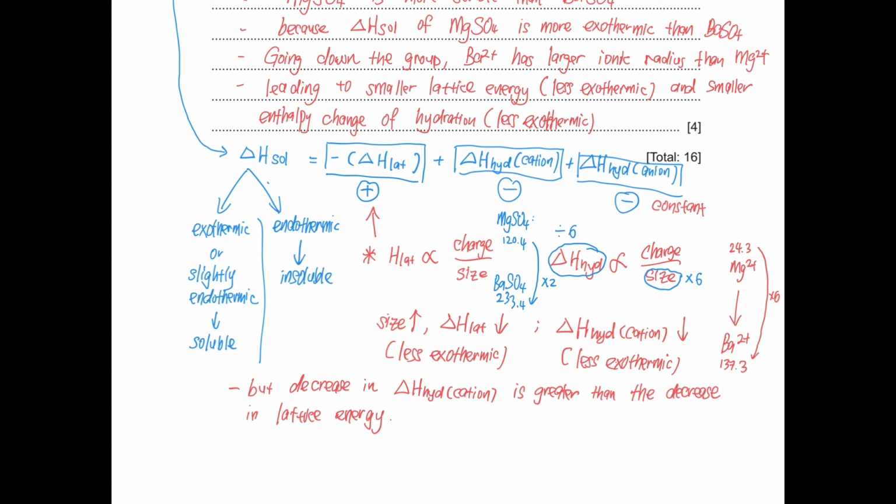So you look at the formula here: if the size increased by 2 times, the lattice energy we should expect to decrease by 2 times. So the decrease in hydration energy is very much greater, whereas the decrease in lattice energy is very much smaller. Let's come back to the formula here.